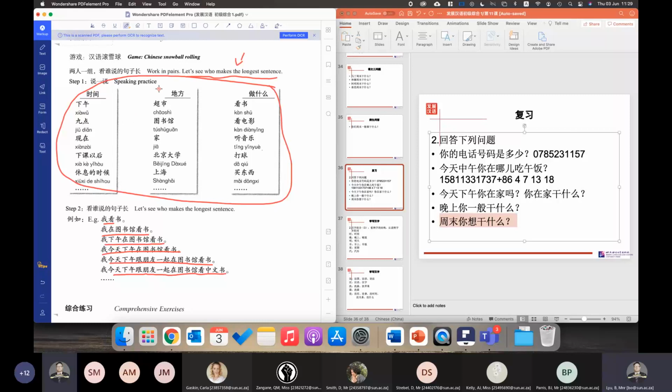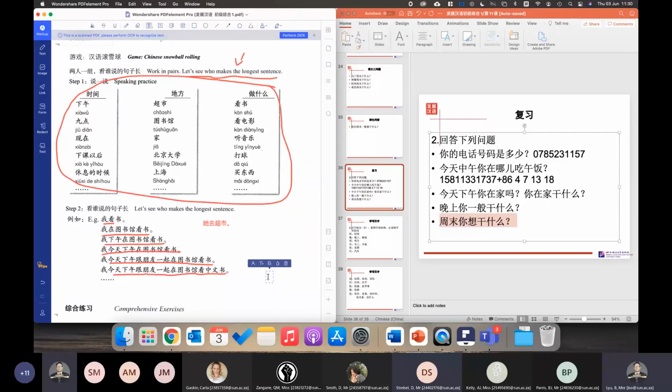Right, let's make, I'll start. 他去超市. Can we make it longer? 他今天下午去超市. Okay.